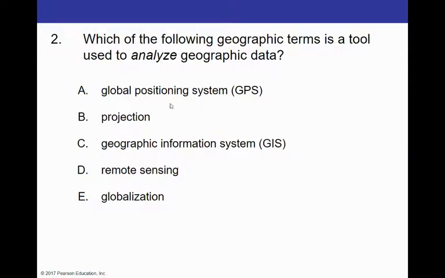GPS does use geographic data, but it does not analyze it. It's all about global positioning, telling you where you are. You should have got down between C and D. C is the correct answer because the GIS analyzes, collects, stores, and so on, with geographic data. Remote sensing is the one that has to do with satellites.